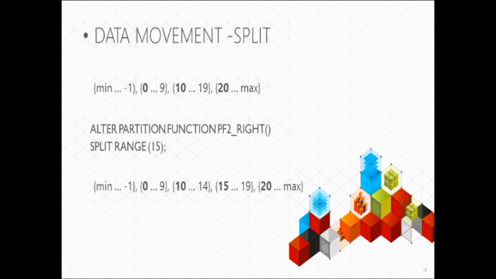Before doing this, you should make sure that the new boundary value must be in the allowed range and distinct from the existing boundary values. Adding a boundary value has the effect of splitting the table partition that the new boundary value should be in.